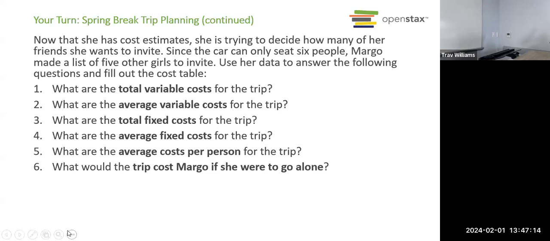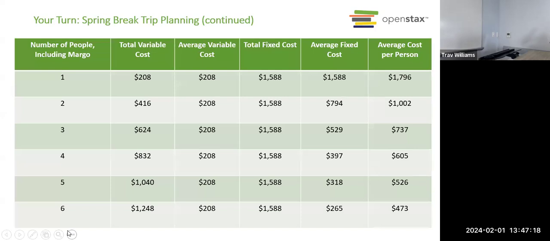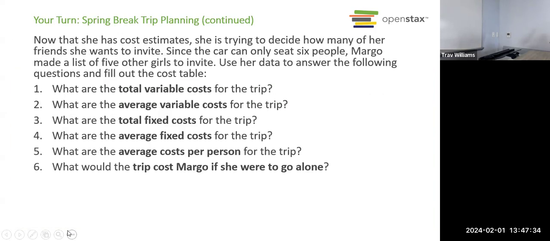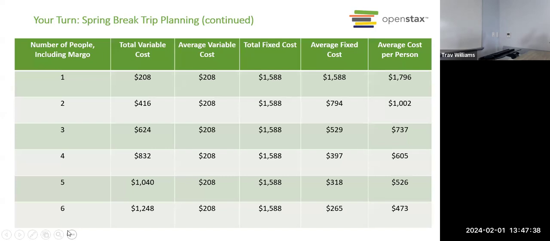And then we have total fixed cost for the trip. So based on 6 people, total fixed cost is going to be $1,588. Yes, because we're only talking about fixed costs. Yes, that's correct. And average fixed costs comes out to $265 per person, right? Because it's being divided by 6.